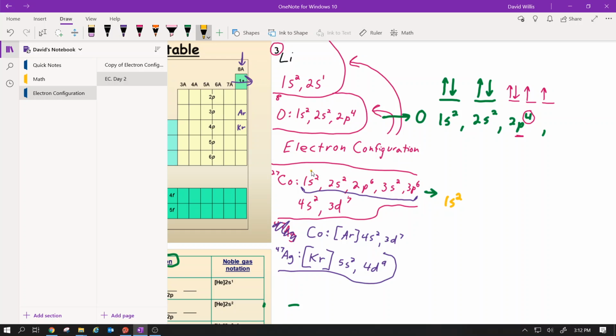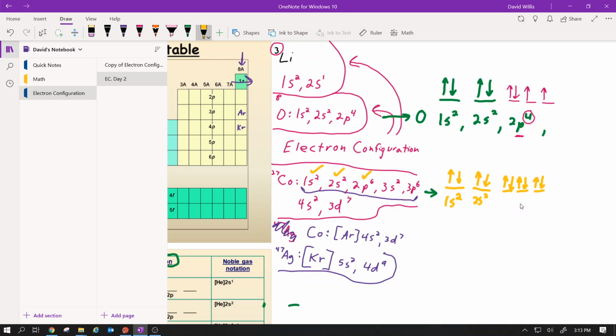So 1s2: up, down. 2s2: up, down. 2p6: up, up, up, down, down, down.